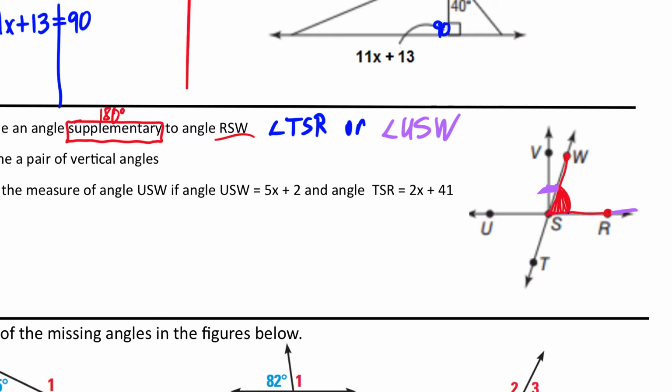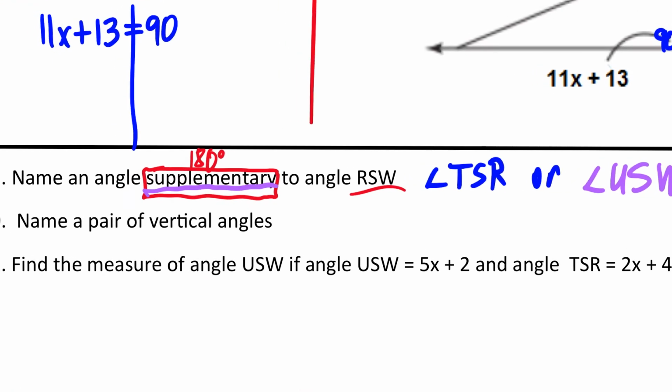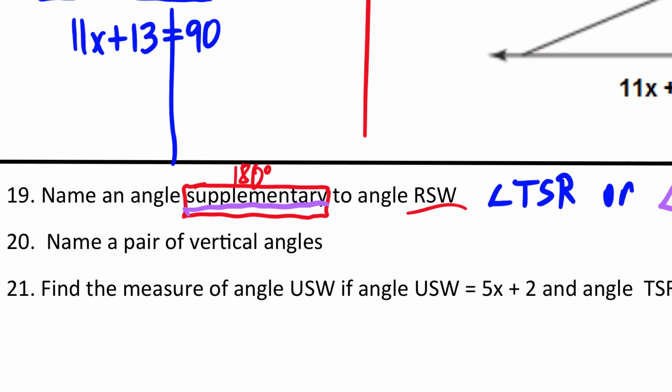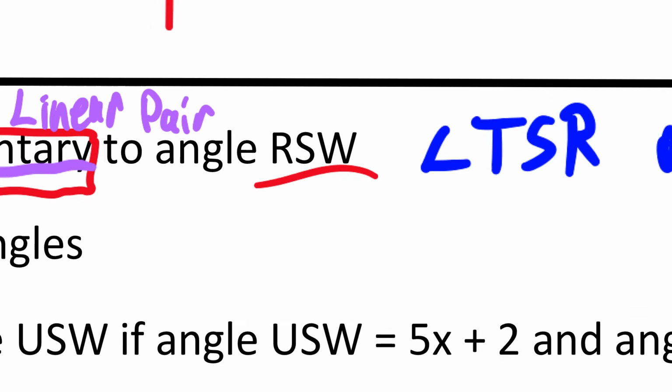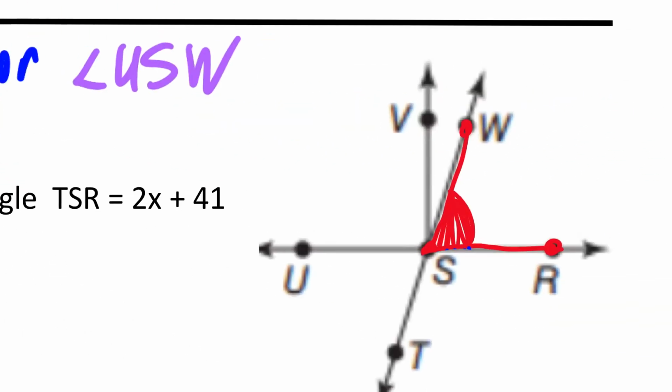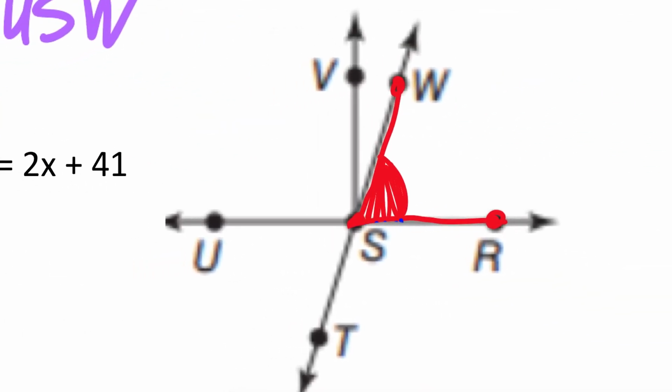Okay, let me go back. So they are supplementary, right? Supplementary means they add up to 180. And in this case, what's going to be true is that they need to be a linear pair. Okay? So that angle right there, RSW, is the one they've already told me about. So that's the one I already have highlighted or drawn in red there.